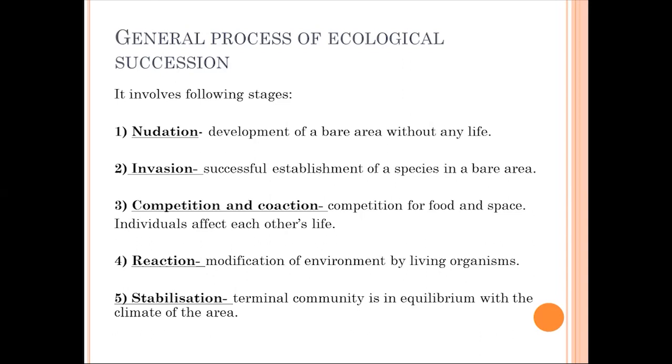That is known as coaction. So competition between them will occur for food and space, and they will affect each other's life in various ways. This is the third stage in ecological succession.